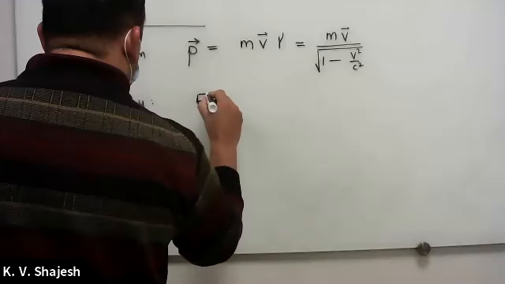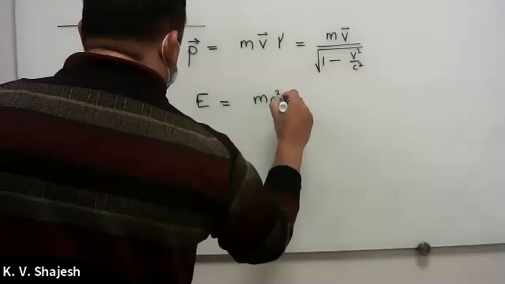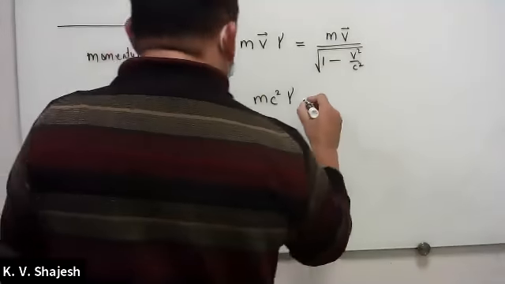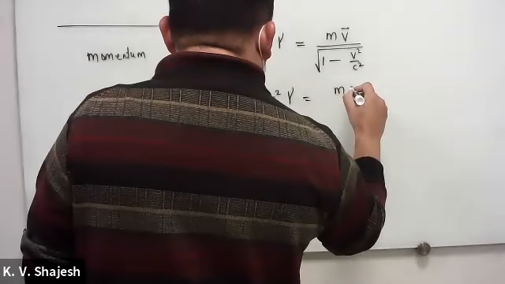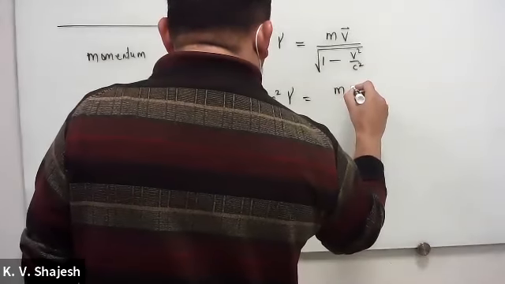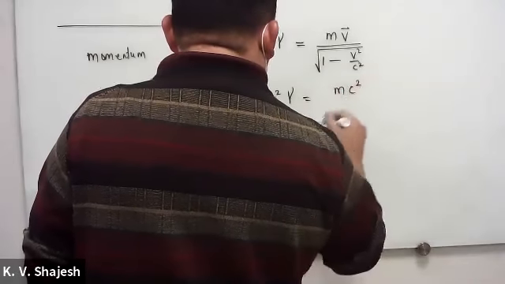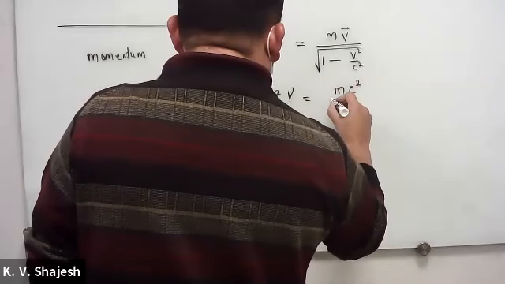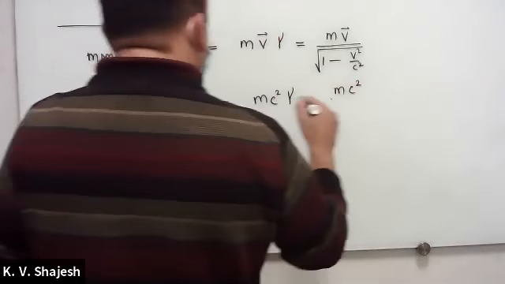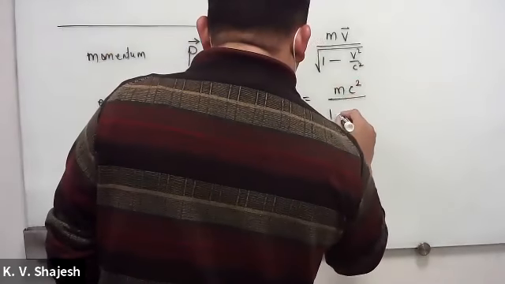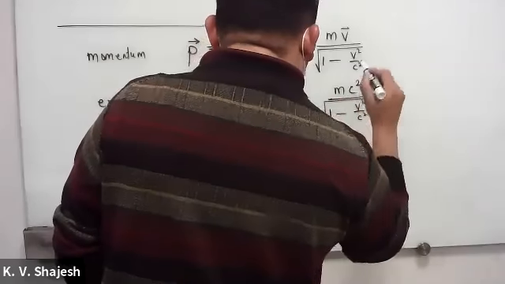And we have energy E equal to m c squared gamma. So that's equal to m c squared divided by the square root of 1 minus v squared over c squared.